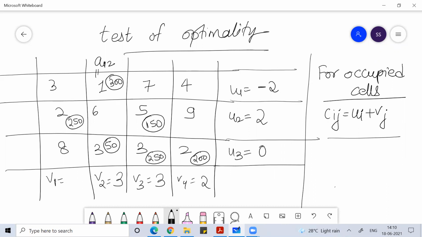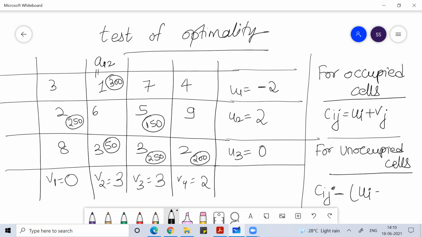Fine. Similarly, I can find V1 equal to 0. So once you get this, guys, for the unoccupied cells, use the formula Cij minus (Ui plus Vj). For the unoccupied cell, you can use this formula and you see, are you getting positive value everywhere?